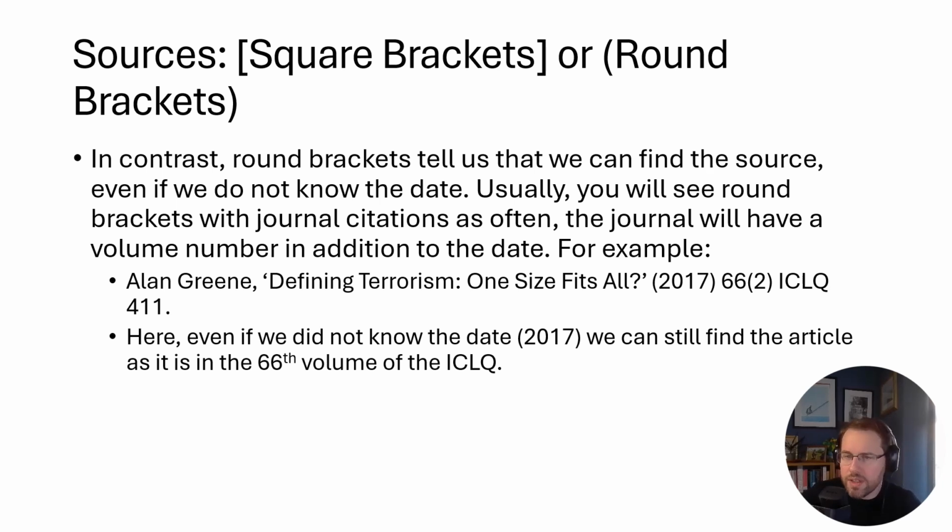So even if you didn't know the year 2017, you do know that it's the 66th volume, and you can find that source even without the year. So round brackets tell you that the date is not necessary to find the source. And usually if you have a volume number, then you will put the year inside round brackets. That's a general rule of thumb.